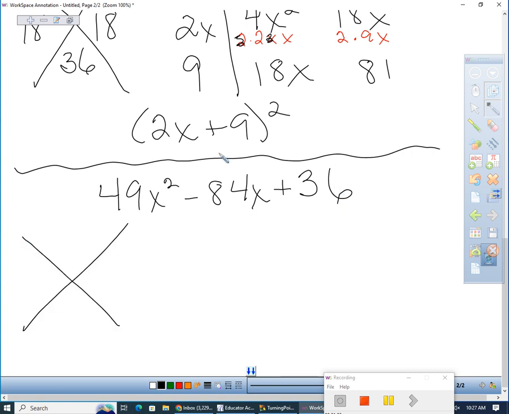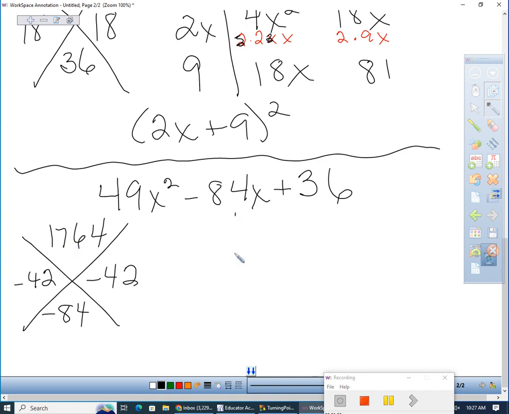Last number times the first: what is 36? Okay? And middle number is negative 84. What did I just tell you the trick was when the numbers start getting too big? Good. So we get negative 42 and negative 42. Double check and make sure that multiplies to 1764.